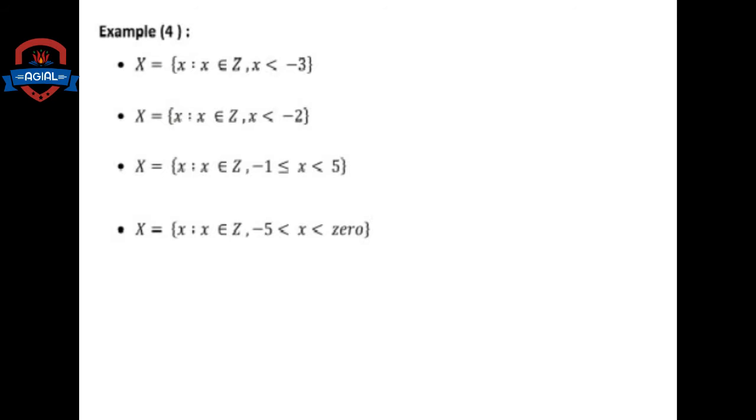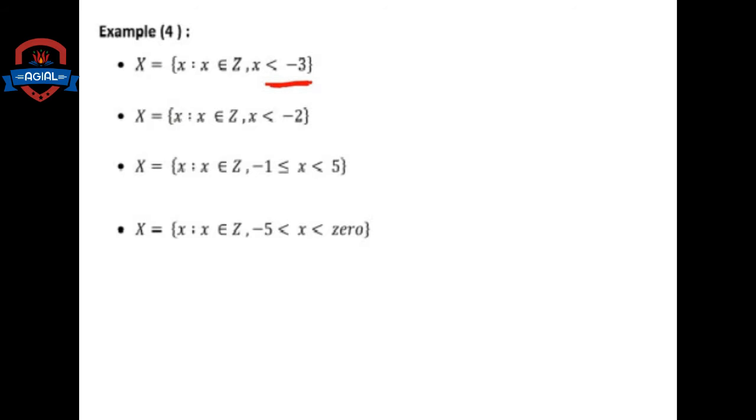Number 4, we need to put these sets in listing method. Number 1, the set X equals X for X belong to Z and X is less than negative 3. So the set X is all the elements that are less than negative 3.